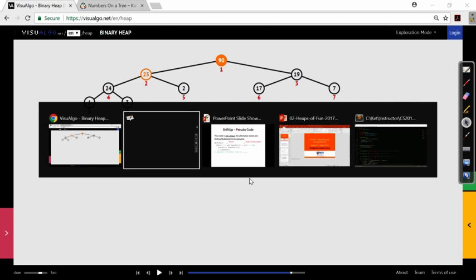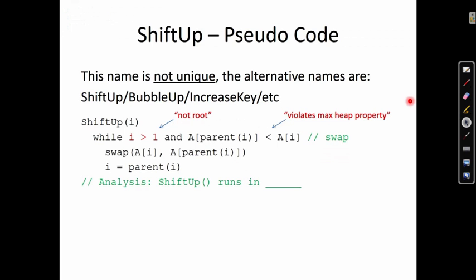Go back to the slides. Okay, analysis. What is the time complexity of shift up? I always start from a leaf, and then I start shifting up. Let's say I consider a comparison and a swap to be one shift operation, a basic operation.